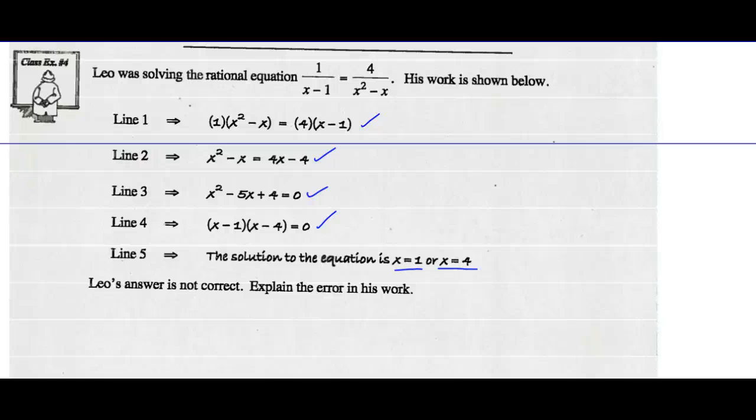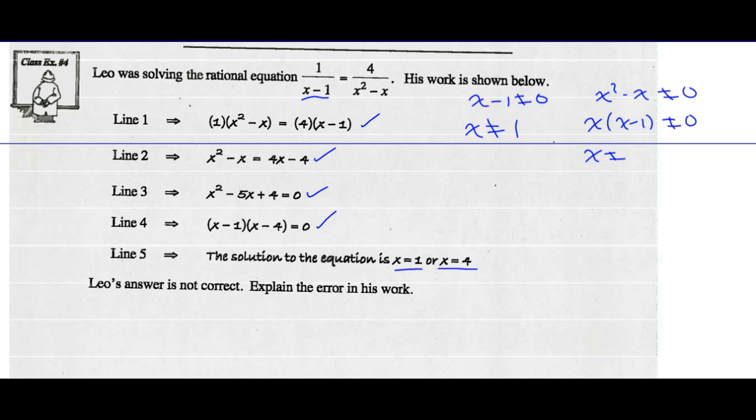Well, the first thing we should do when we're solving a rational equation is to state non-permissible values. So you go back up to the original equation, we have to look at our denominators. X minus 1 can't equal 0, and x squared minus x can't equal 0. So here, x can't equal 1. And over here, let's factor. That's x times x minus 1 can't equal 0.